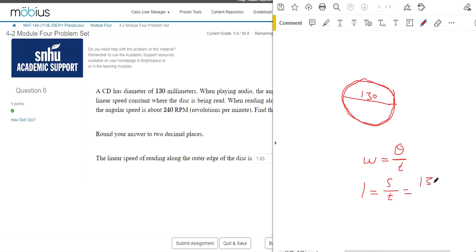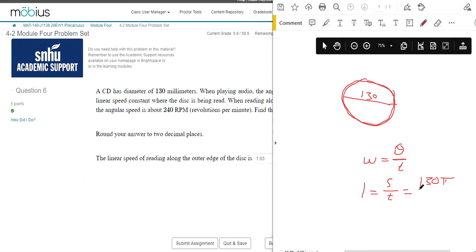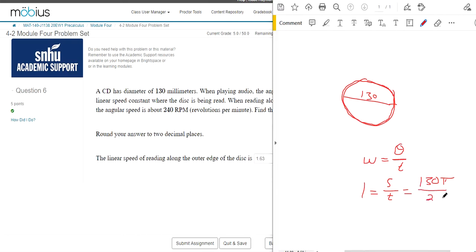So that's 130 pi is the circumference of that circle, right? If it's 130 diameter, radius is 65, and our old friend 2 pi r tells us how long it takes to travel. And if it tells us we make one revolution every 2 seconds, that would be linear velocity.